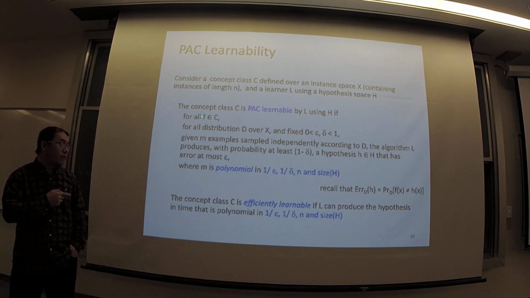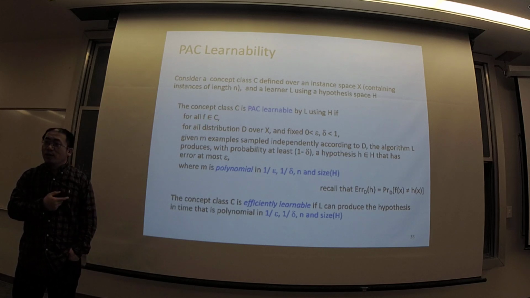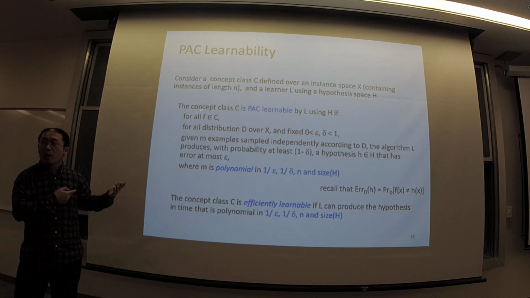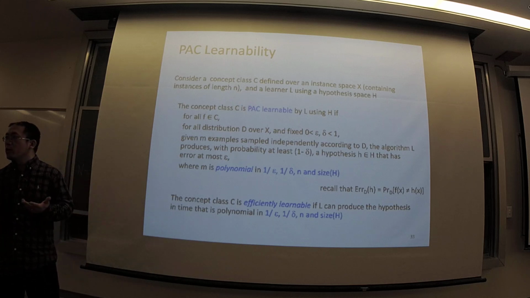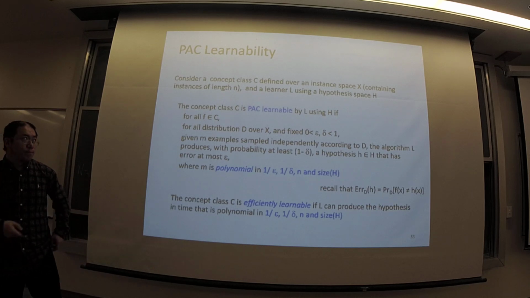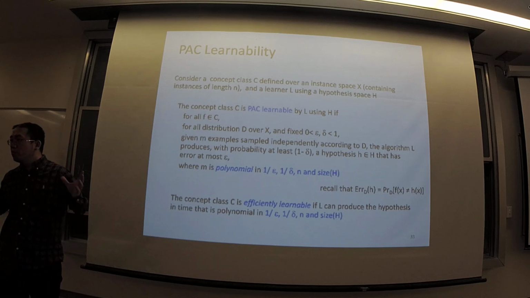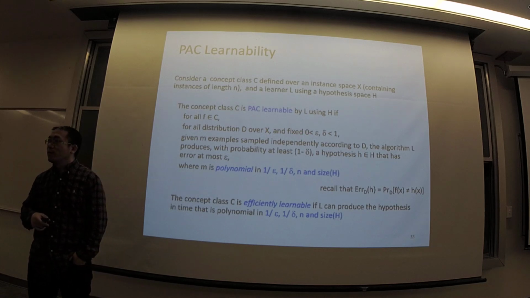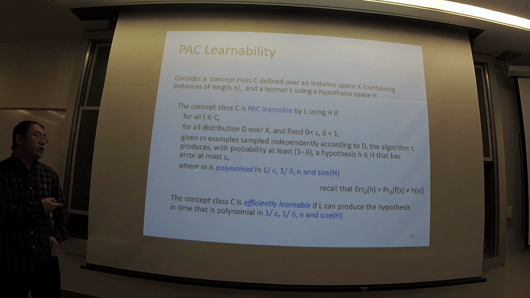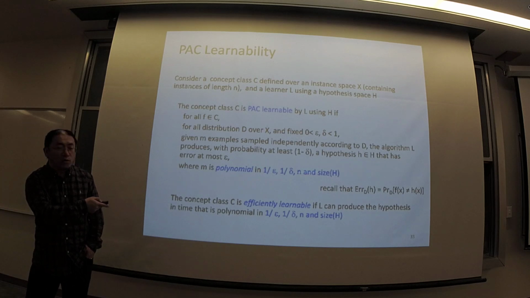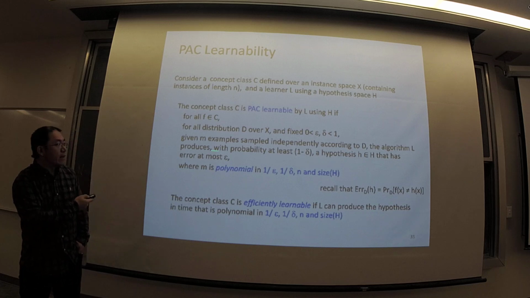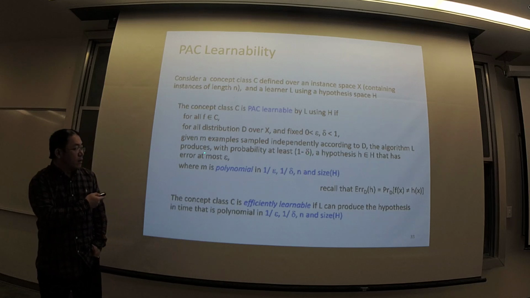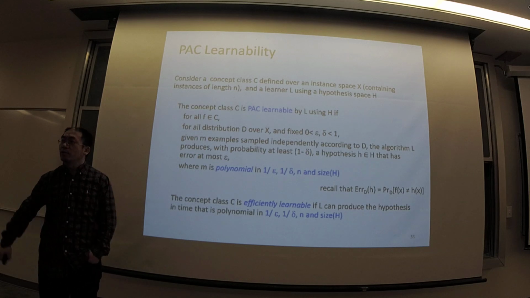I have to show that for every specific linear function, like ax plus b, or for every 0.1x plus 0.3 equals 0, and for every distribution over your instance space, and then for every epsilon and delta level, I can show that with my regression tree, I only use a polynomial number of examples with respect to these four parameters. I can give you a tree that with probability at least 1 minus delta has an error at most epsilon.